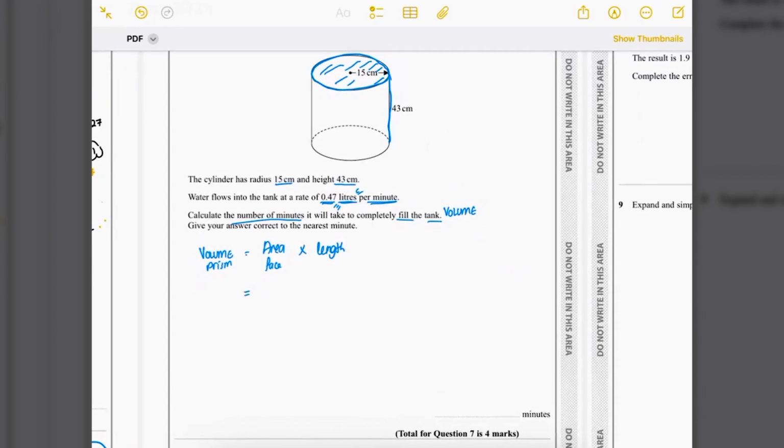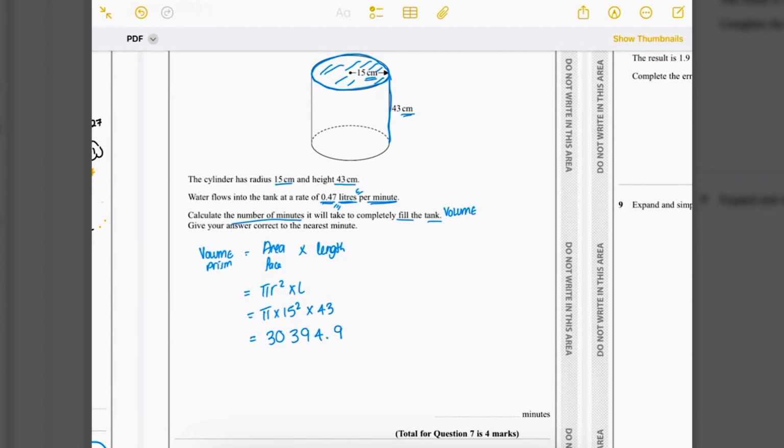The area of a circle is pi r squared, times my length. So that's going to be pi times 15 squared times 43, and I end up with 30,394.9.